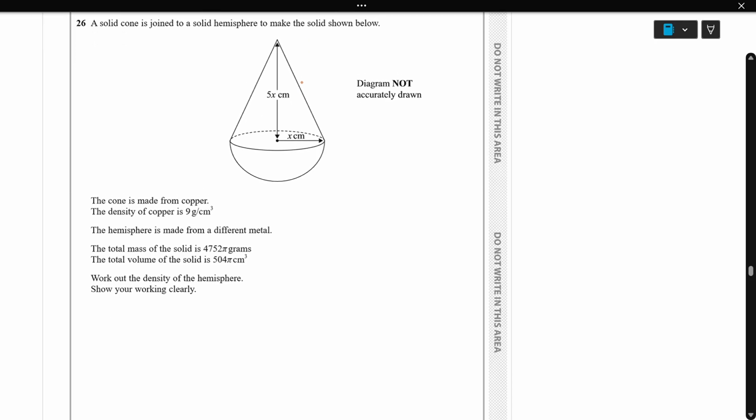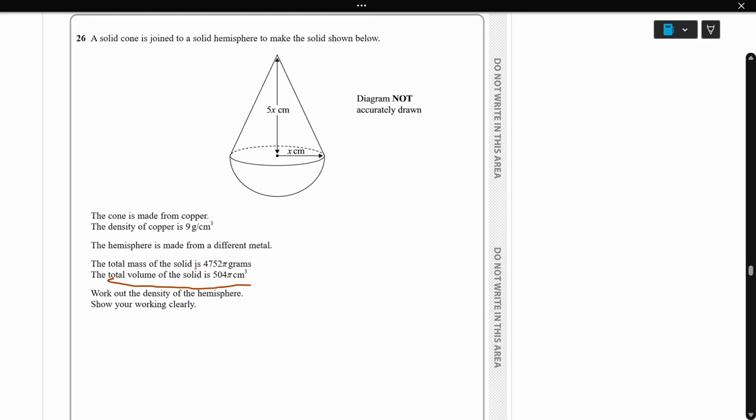The cone is made from copper. The density of the copper is 9 grams. The hemisphere is made from a different metal. The total mass of the solid is 4752 pi grams. Okay, the total volume is given. So the total volume is going to be 504 pi. So first I'll take this volume.